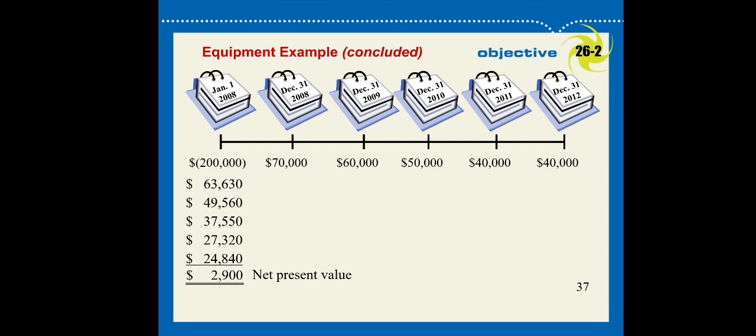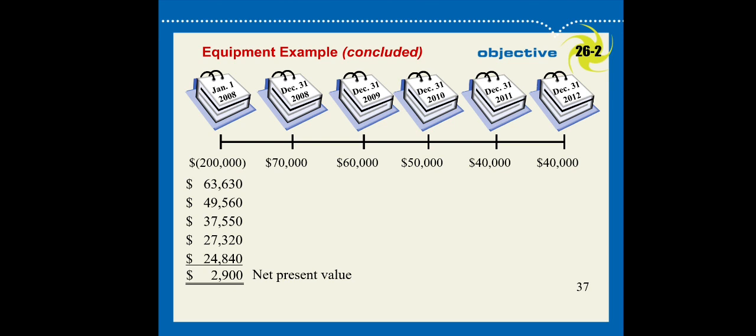And then see here, the first thing that you can see in the list is the initial investment, 200,000. That is the cash out. When the business wants to invest in this equipment, the business has to pay 200,000. That is cash out.